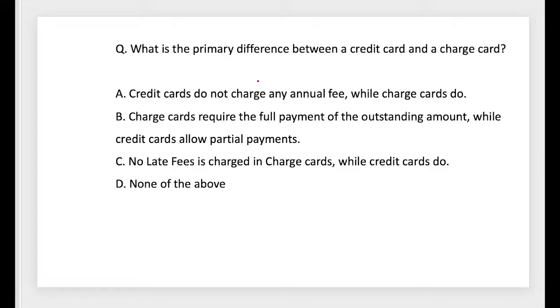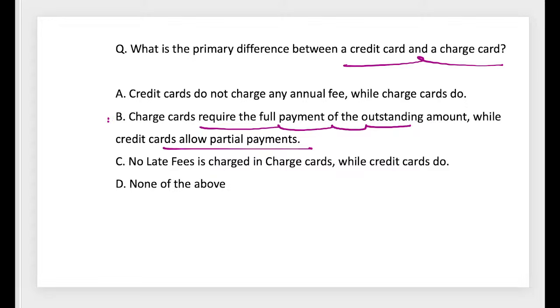Next one, primary differences between credit card and charge card. So what will be your correct answer? A charge card requires the full payment of the outstanding amount, while a credit card allows partial payments.